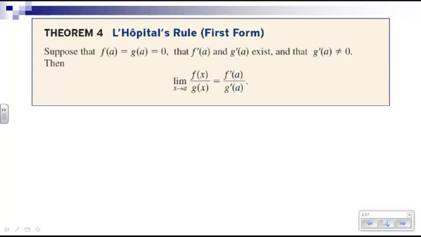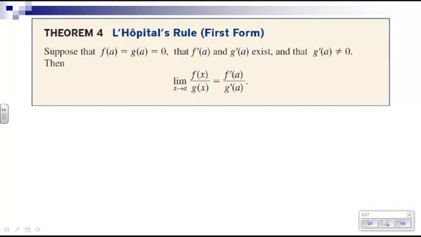It says that if we see a limit as x approaches a, in the form of f of x over g of x, and if g of x is going to 0, and f of x is going to 0 as we approach a, and if f prime and g prime both exist at a, then what we can do is we can simply take the derivative of f and g and find out there. In other words, two things are going to 0.